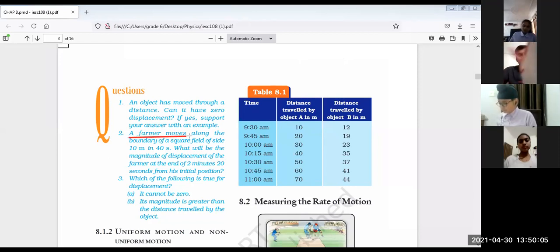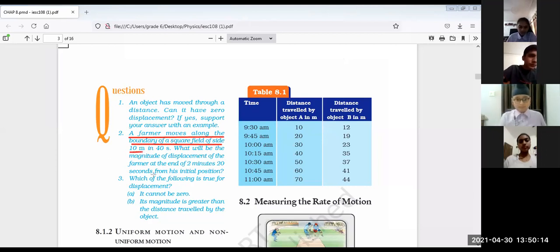A farmer moves along the boundary of the square field having side 10 meter. Square field है, sides कितनी है? 10 meter. And to move around the sides, farmer took 40 seconds. 40 seconds में one round is completed of that square field.